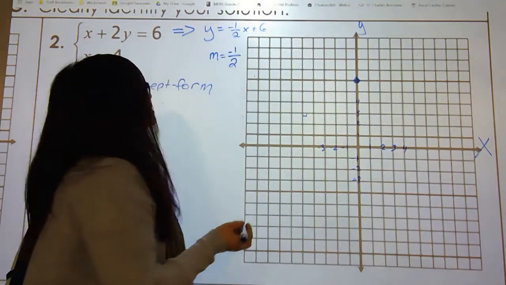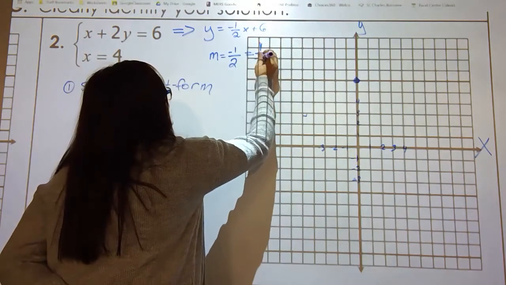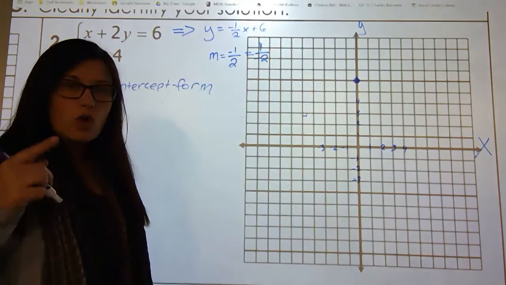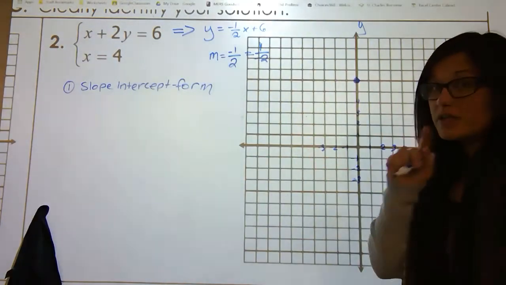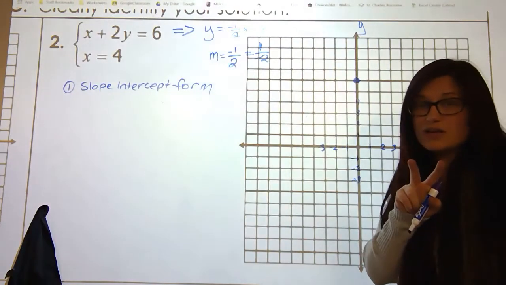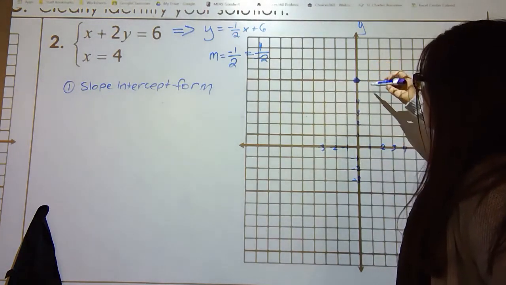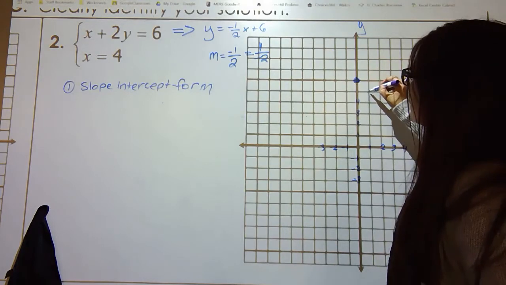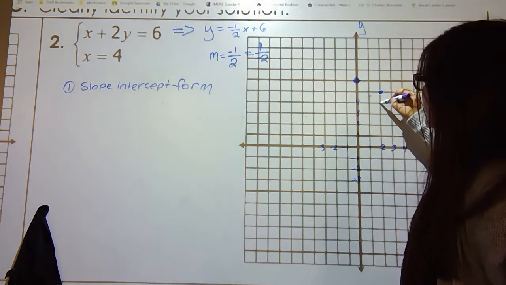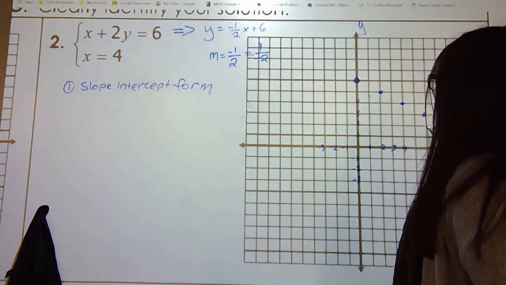Now I also could decide though that I wanted to go up 1 and to the left 2, okay? So as long as one of them is negative, it's okay. So when we're graphing, we only need 2 points, but since we're not a computer and we're not super exact, I'm gonna find a bunch of points. So I'm gonna go down 1 and to the right 2, down 1 and to the right 2, okay?